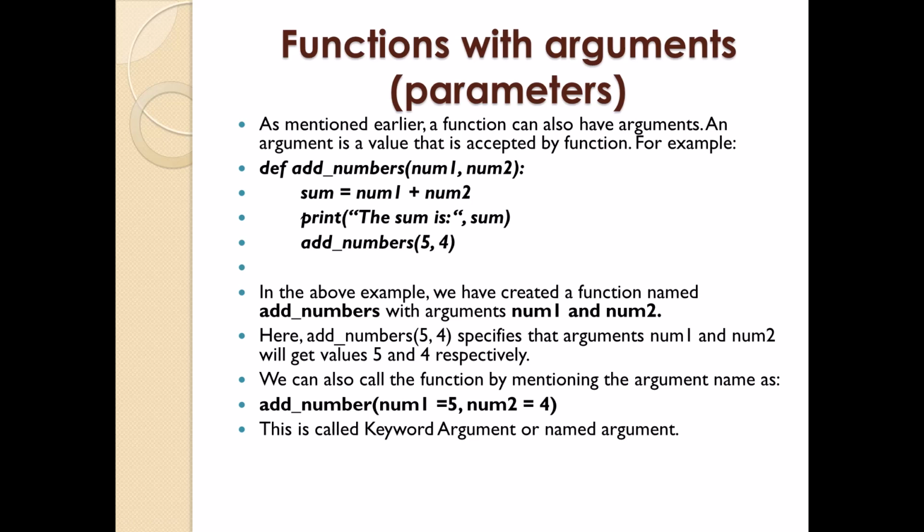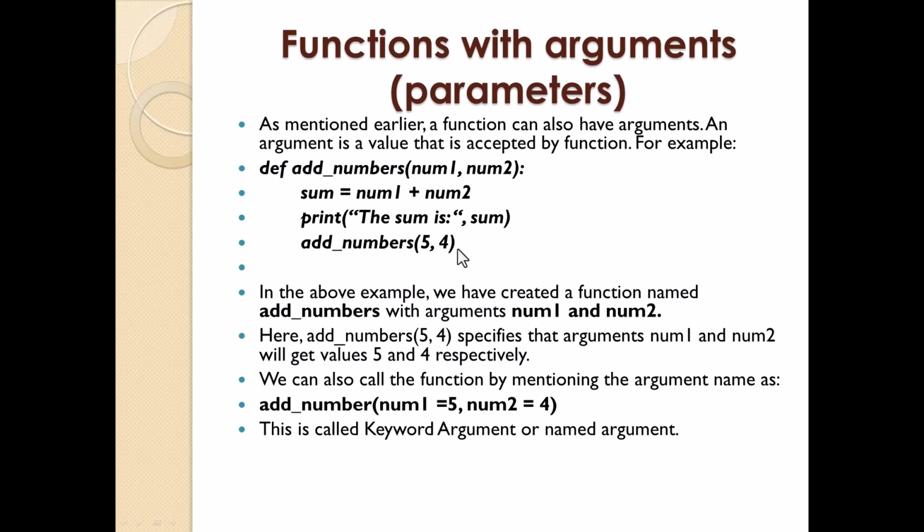There are two ways of calling the function here. In the above example, we have created a function named add numbers with arguments or parameters num1 and num2. Here add numbers 5, 4 specifies that arguments num1 and num2 will get values 5 and 4 respectively.